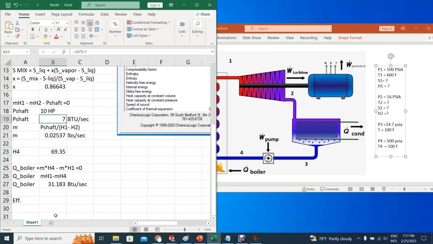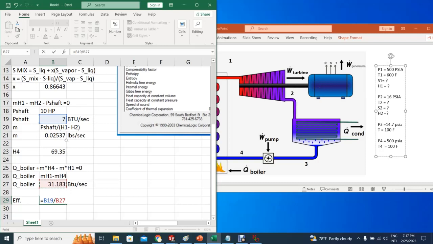So we're going to put this 7, and we're going to divide that by this 31. This is the amount of heat that you need into the boiler, but that is producing only 7 BTU per second. You are burning 31, but you're only getting 7.